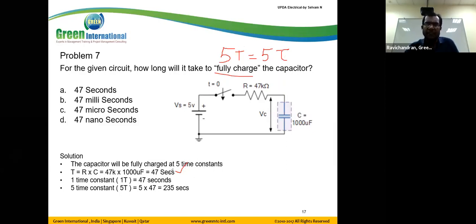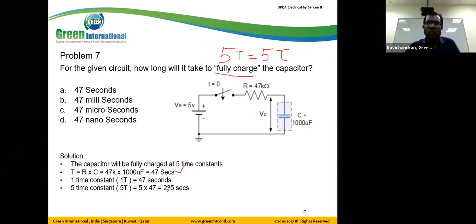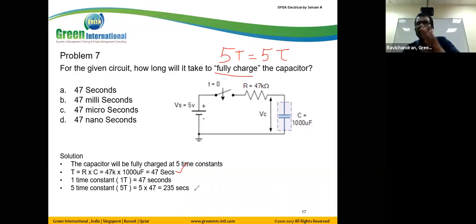We already found it previously. For full charge, 5 time constants, so 5 into 47, 235 seconds. 235 seconds is needed to charge to the full voltage.